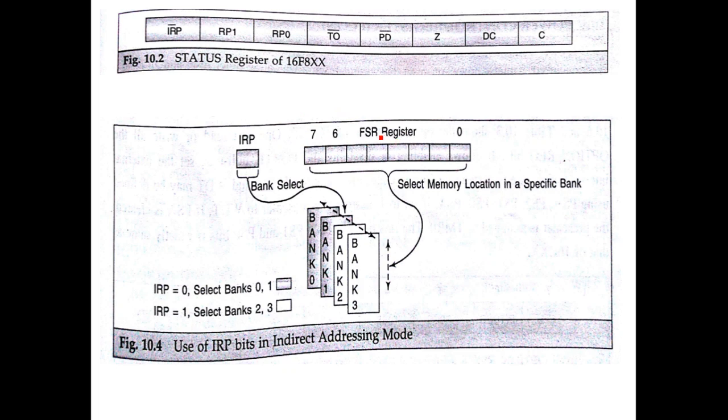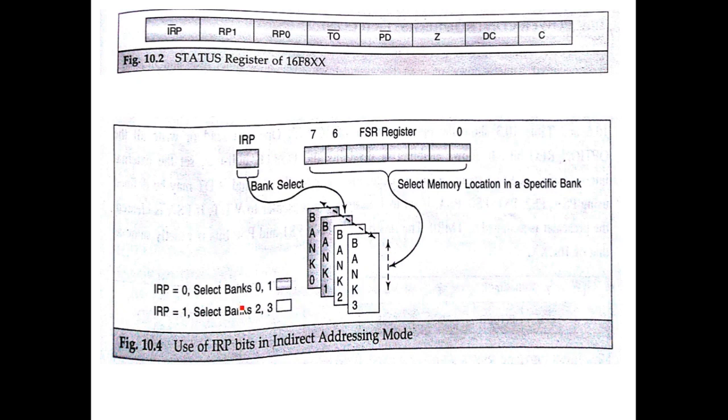The FSR register holds 8 bits of the address, and the 9th bit is held in this particular bit. This is called the bank pair selection bit. It selects a pair of banks. For example, when this bit is 0, banks 0 and 1 are selected, and when this bit is 1, then banks 2 and 3 are selected.